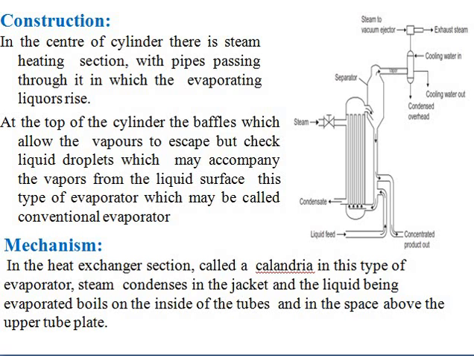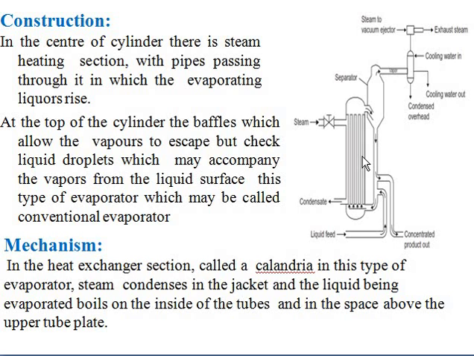What is a single effect evaporator? As I already explained, there are three sections of an evaporator. First one is the heat exchanger. You can see it easily here. This one is your heat exchanger, the calandria, clear.